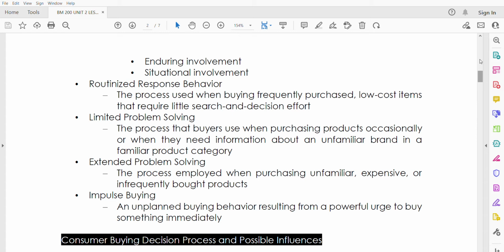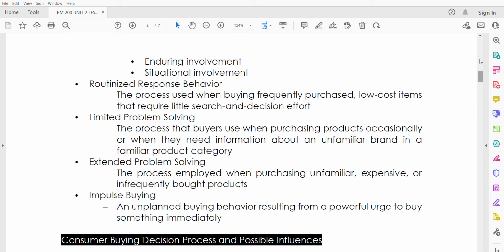We always buy alcohol, toilet paper, detergent, dishwashing liquid, dishwashing soap, mga ingon ana. So these are routinized response behavior. Balik-balik frequent nata nga gina-purchase nato na nga product because of the frequent necessity of those products.